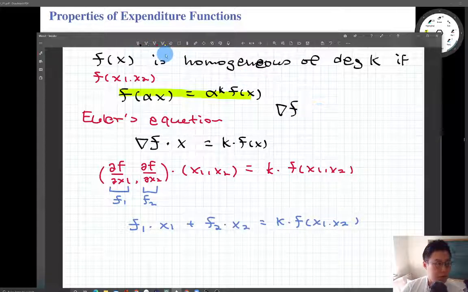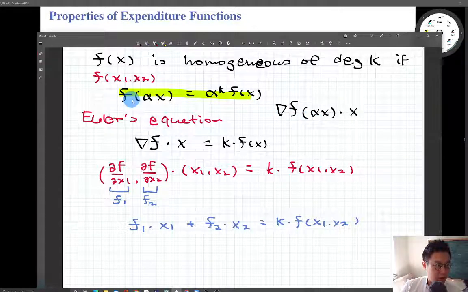Because the gradient is the derivative of the outer function, and x is the derivative of the inner function alpha times x, whose derivative is just x.